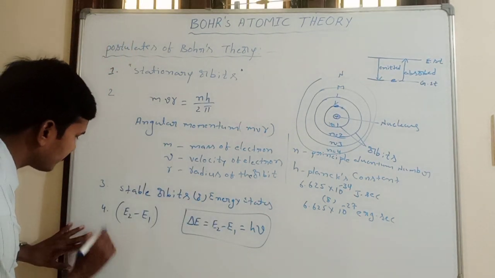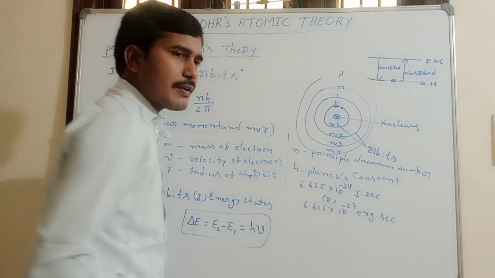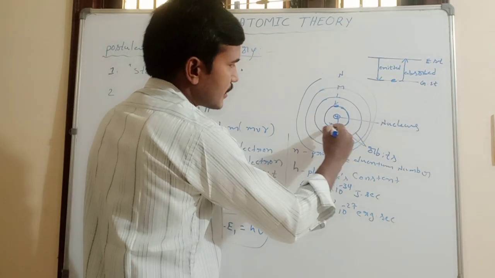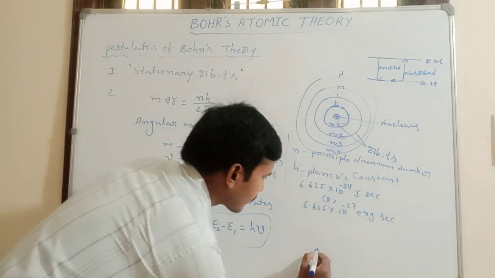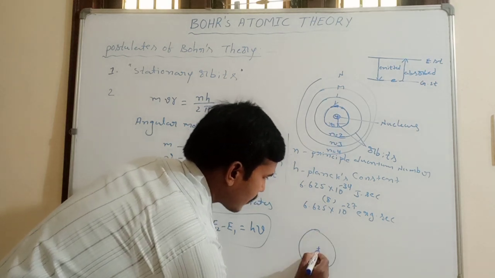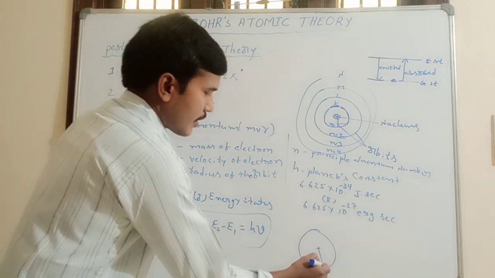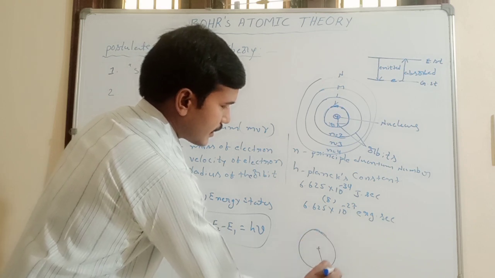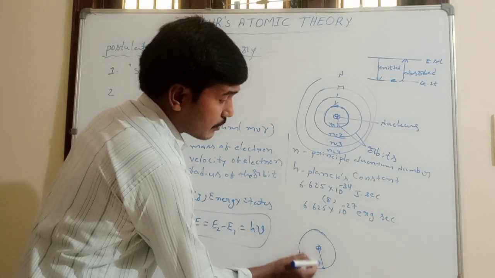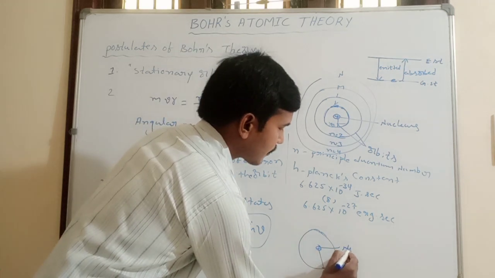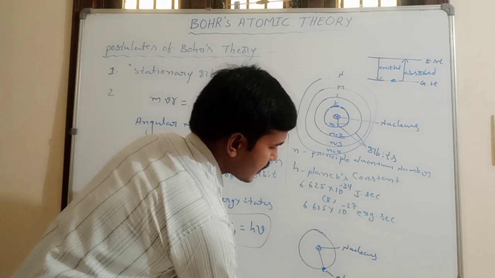And the last point: the centrifugal force, which is an outward force, of a revolving electron in a stationary orbit is balanced by the electrostatic force between the nucleus and the revolving electron.